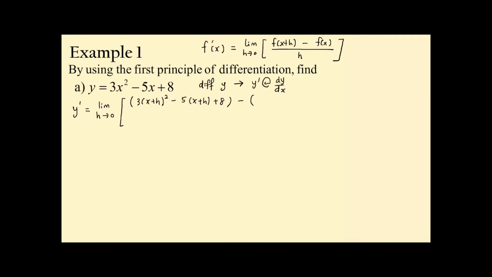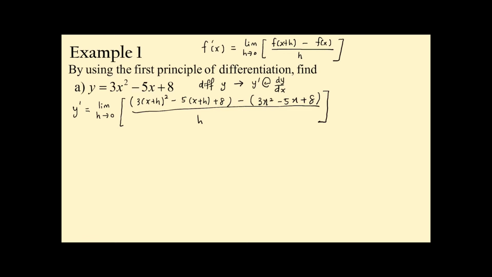And then second one, we have to minus fx. So fx is basically your original function, so you just have to copy it back. So 3x squared minus 5x plus 8. And all must be divided by h. So that's your first step. You just have to define your function using the concept of first principle.